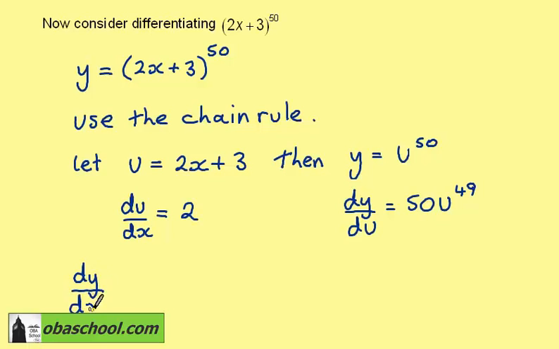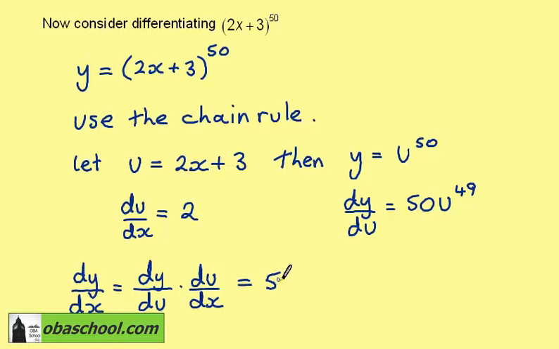We're after dy/dx, and this can be equal to dy/du multiplied by du/dx. These things are not fractions. However, if we look at them as if they are, we can see that the du's would cancel, leaving us with dy/dx.